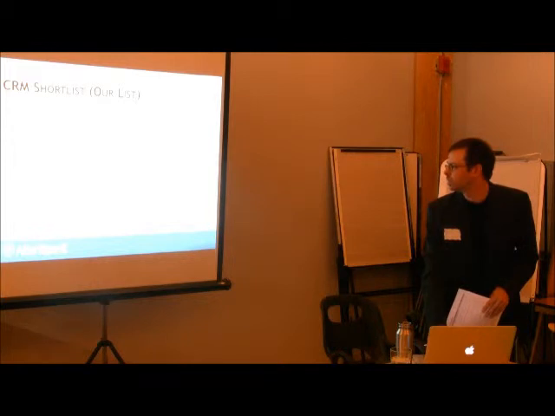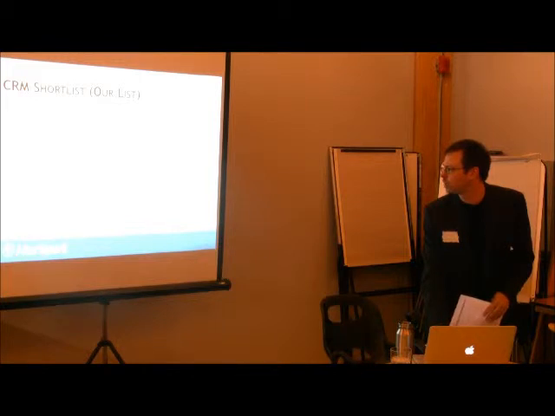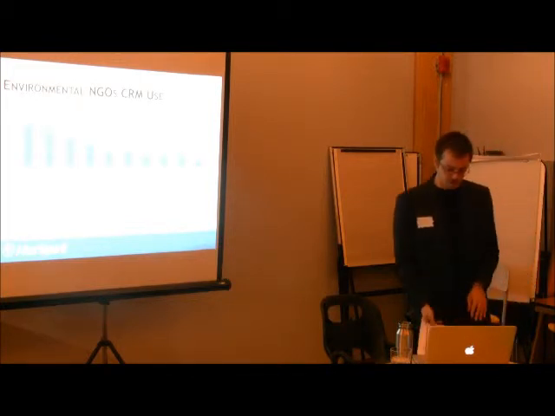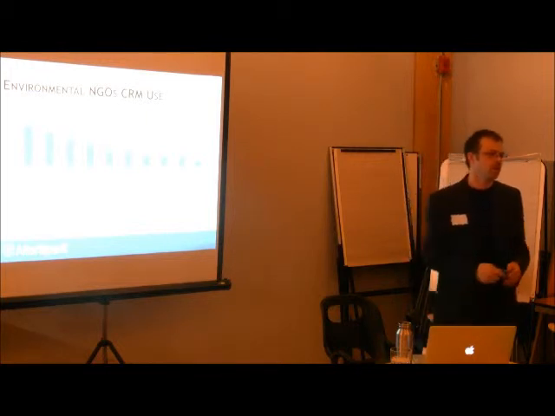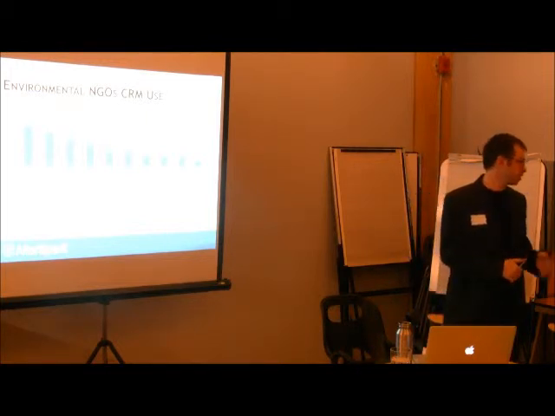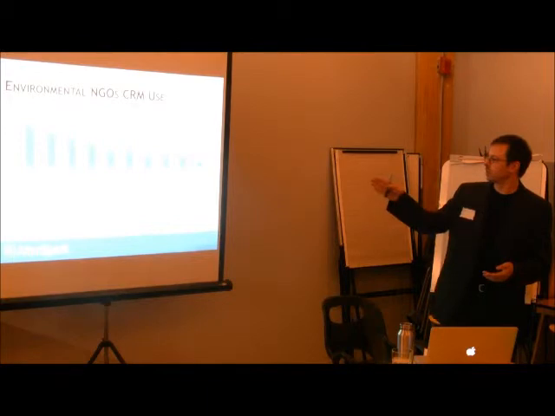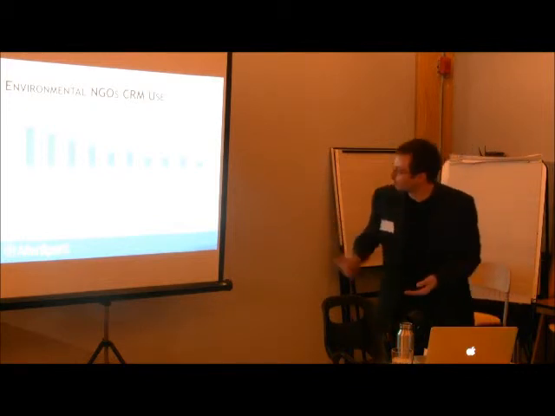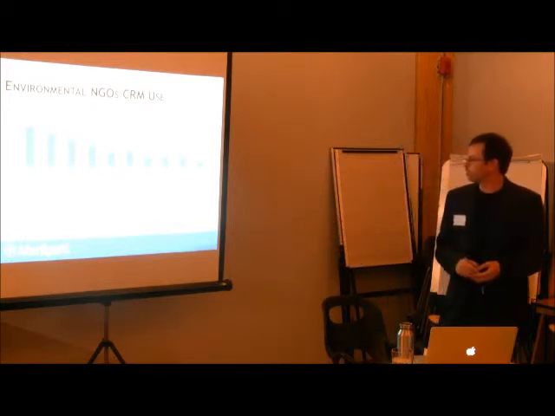So this was the initial list, and I won't go into them in detail. It's maybe a little out of context for this slide. From our survey of the 11 environmental NGOs, these are the core features that they were using. Most of them were using them for donations, and for managing their partners and funders.